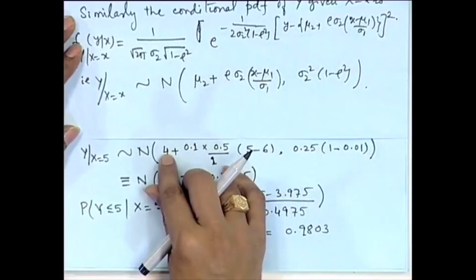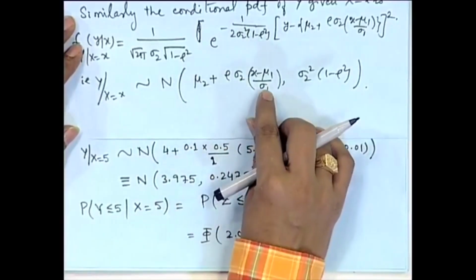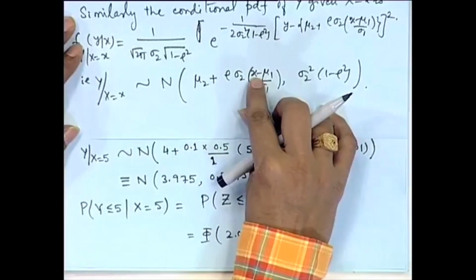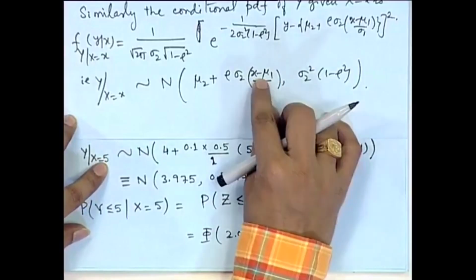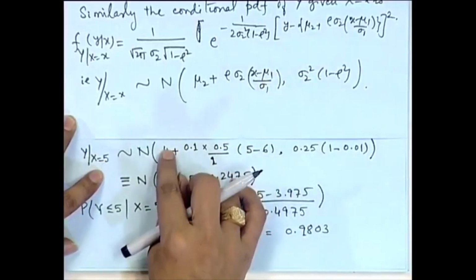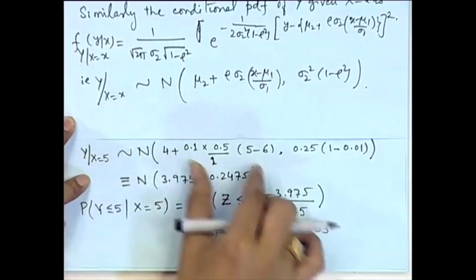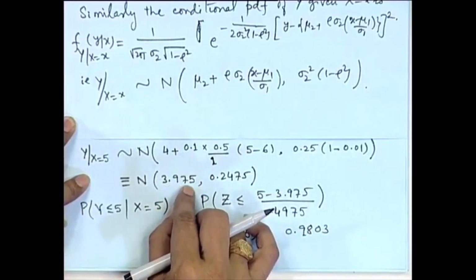Here mu 2 is 4, rho is 0.1, sigma 2 is 0.5, sigma 1 is 1, x is 5 and mu 1 is 6. So, this is the mean of the conditional distribution of y given x.